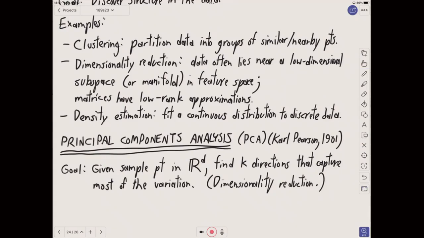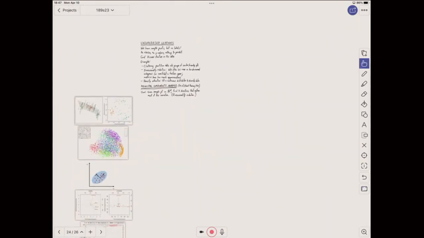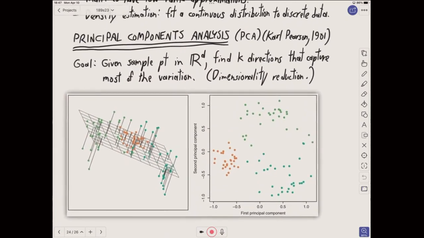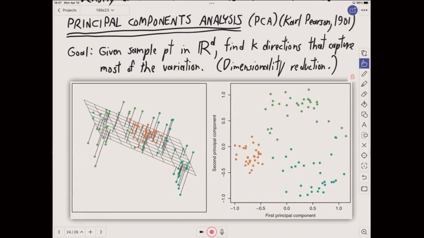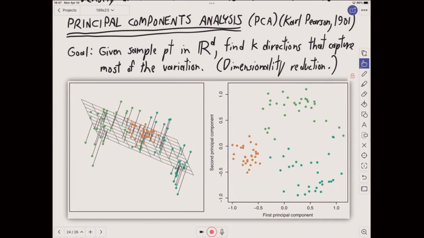And an illustration, I think, goes a long way to showing you exactly what this means. So here is a very simple example where we take a 3D point set on the left and reduce it to a 2D point set on the right. So d equals 3, k equals 2 in this example. And looking at those points on the left, what we've done is we've chosen a plane through the origin.